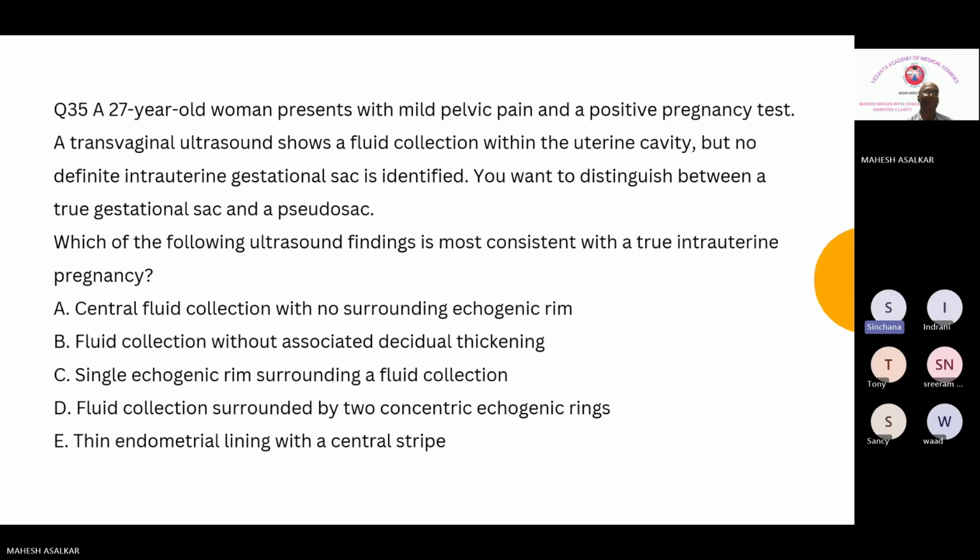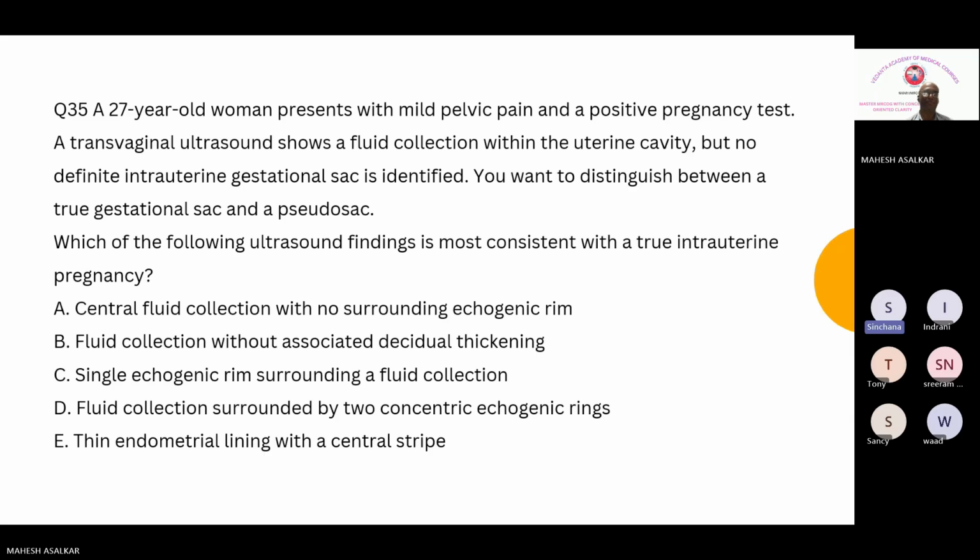A. Central fluid collection with no surrounding echogenic rim. B. Fluid collection without associated decidual thickening. C. Single echogenic rim surrounding a fluid collection. D. Fluid collection surrounded by two concentric echogenic rings. E. Thin endometrial lining with central stripe.